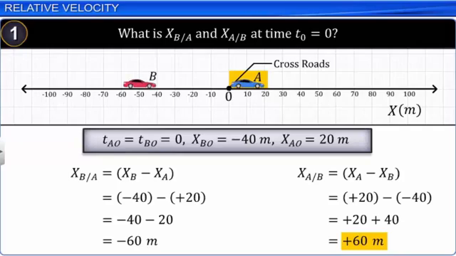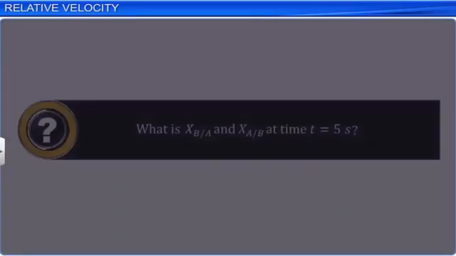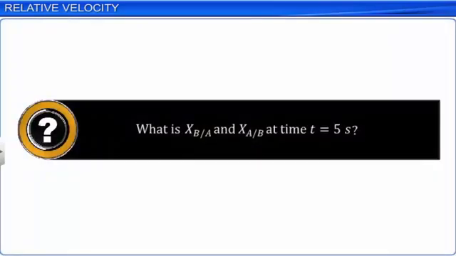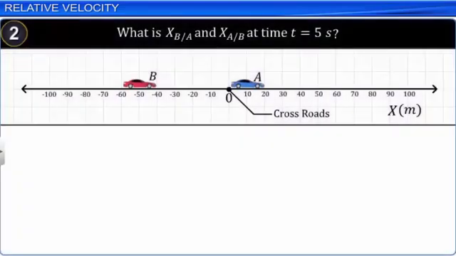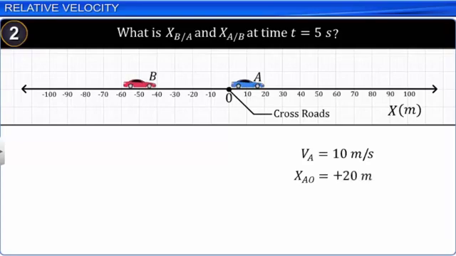2. What is x_B/A and x_A/B at time t equal to 5 seconds? Here, v_A is equal to 10 meters per second. x_A0 is equal to plus 20 meters. t_A0 is 0 seconds and t_A is equal to 5 seconds.